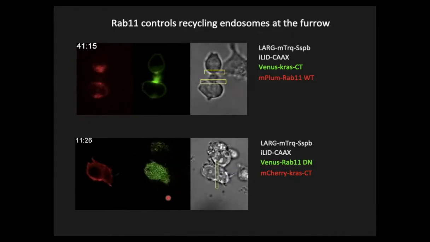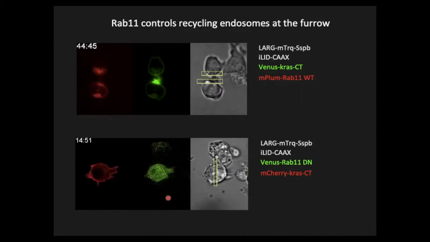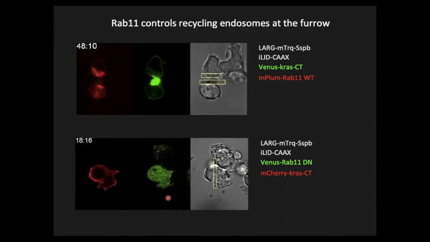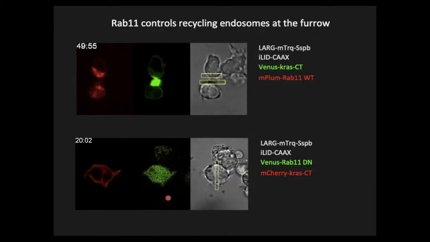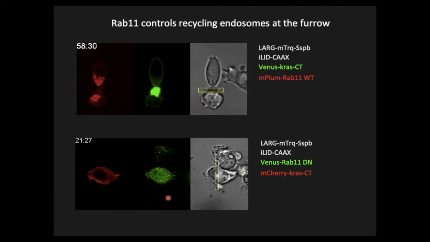This means that the recycling endosome is important for furrow formation. Vesicular trafficking is an important process during furrow formation, and if we inhibit a part of that, the cell cannot form the furrow.